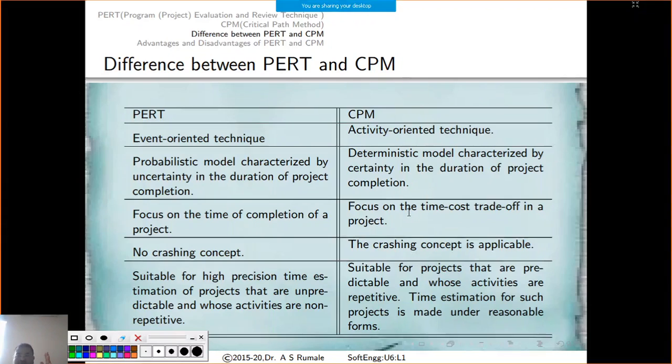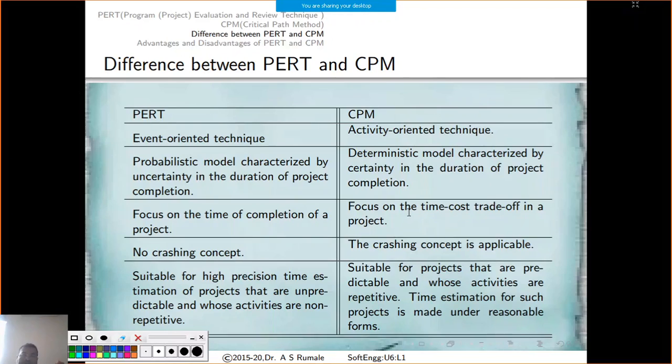If you are attacking the enemy and you repeat your act, the enemy can learn your movement, and then it becomes very difficult to defeat them. That's why in PERT no activity is repeated more than once, and that is the PERT network.